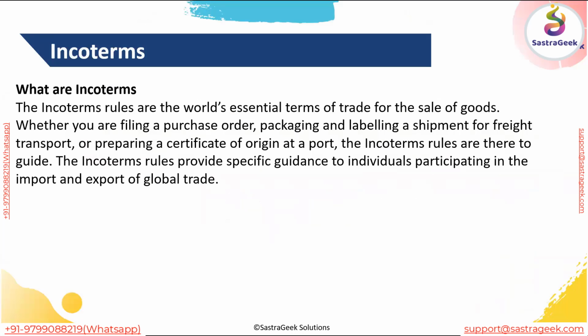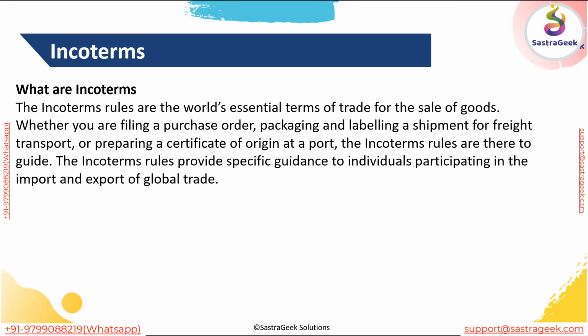It is defined by the International Society for Commerce and Trade, and they have come up with general terms for governing or simplifying the trade between various countries, to come on a common ground, to get a common understanding of how the trade will work. Incoterms is basically the abbreviation for international commercial terms.